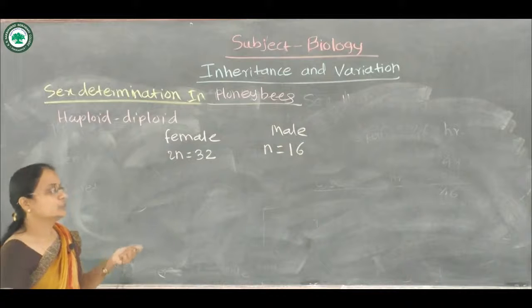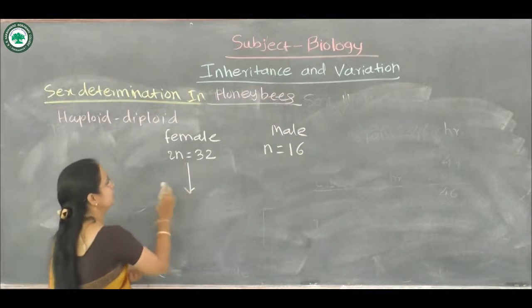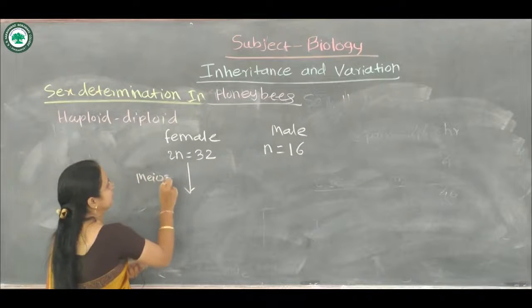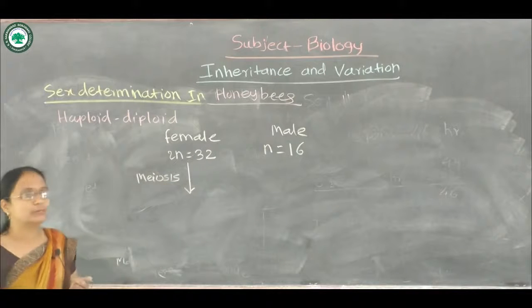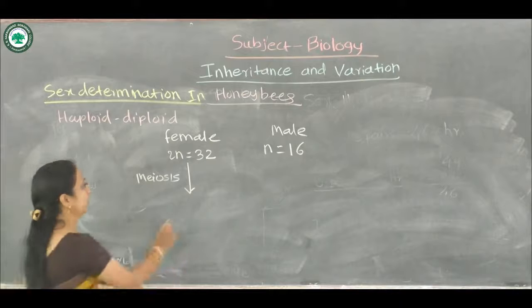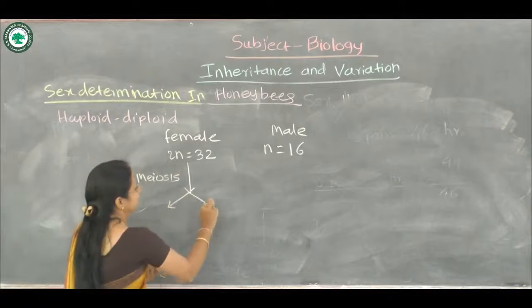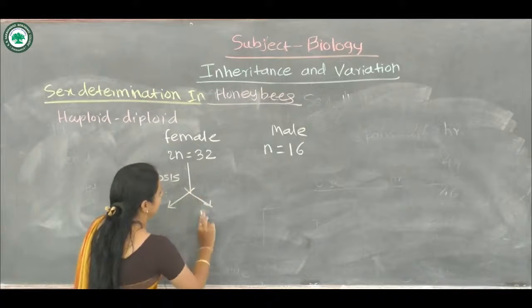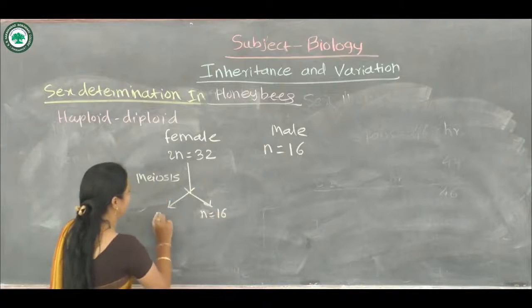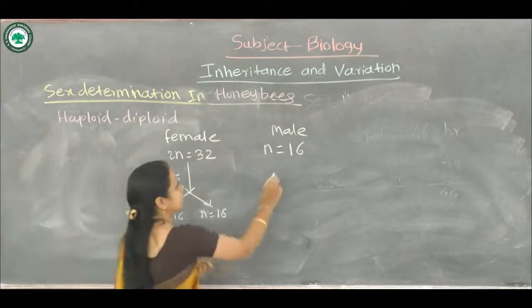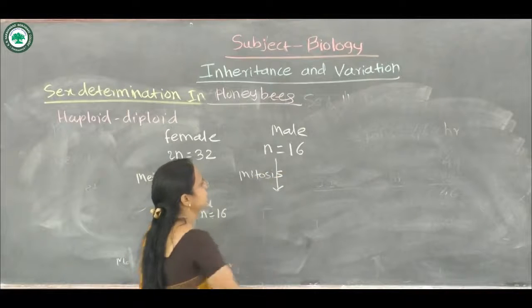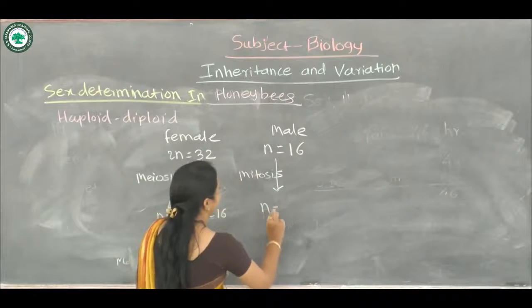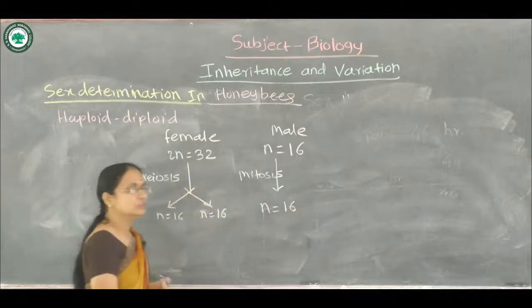When the process of meiosis takes place, during meiosis the chromosome number will be reduced, and here the haploid set of gametes are produced. Now here the process of mitosis takes place in male, that will be found N is equal to 16.